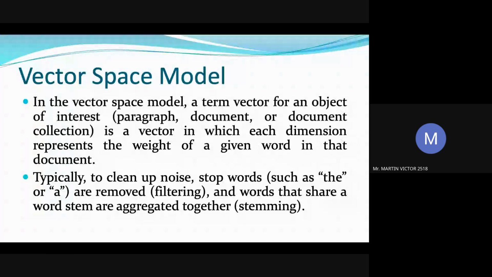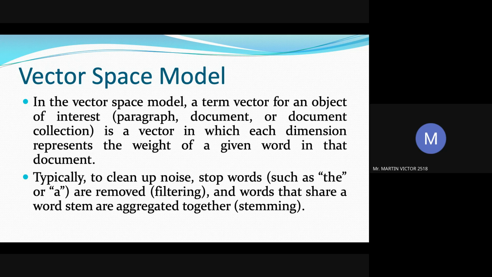A term vector is a vector in which each dimension represents the weight of a given word in that document. Then to calculate, firstly, we have to clean up the stop words. Okay, so these are all the stop words, and they are removed. And the words that share a word stem are aggregated together.